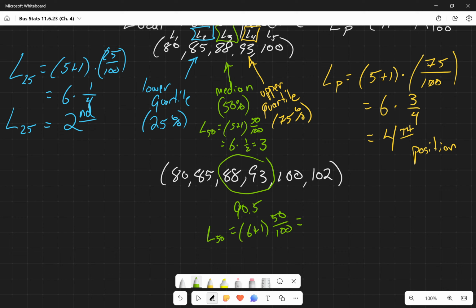Now we're going to end up with 7 times 1/2, which gives us 3.5. So the 3.5th position tells me that I need to average the third position and the 4th position. So anytime we get a half there, that's just telling you that you need to take the average of those 2 values.